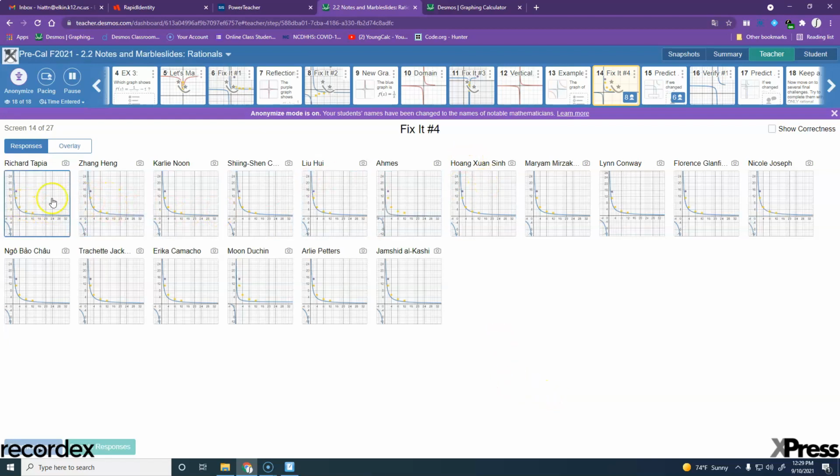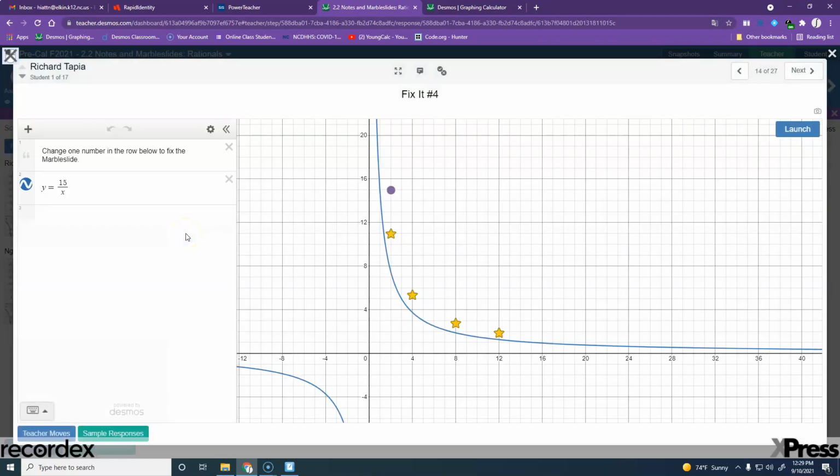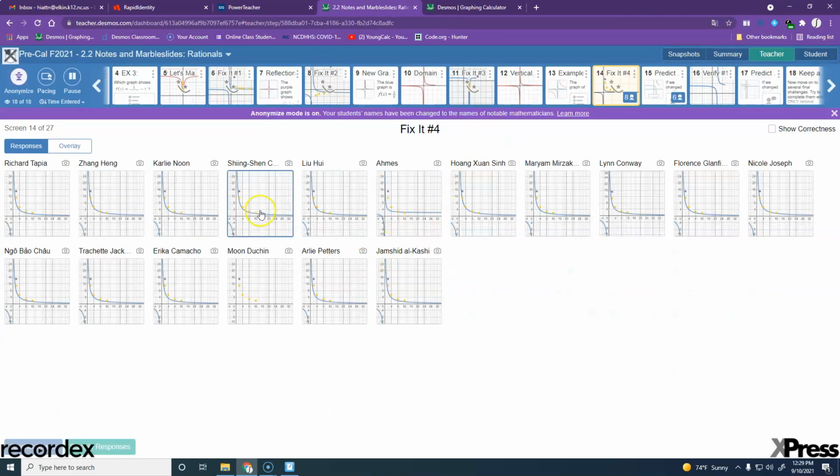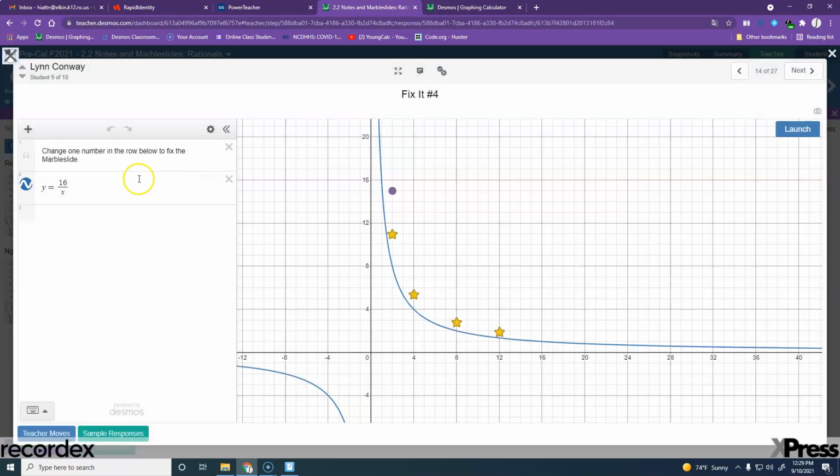So I can see lots of people whose answers look like they would work. This person, Richard, chose to change that top number to 15, and that worked out nicely. Lynn did the same. This person chose 16, but it still worked, right?